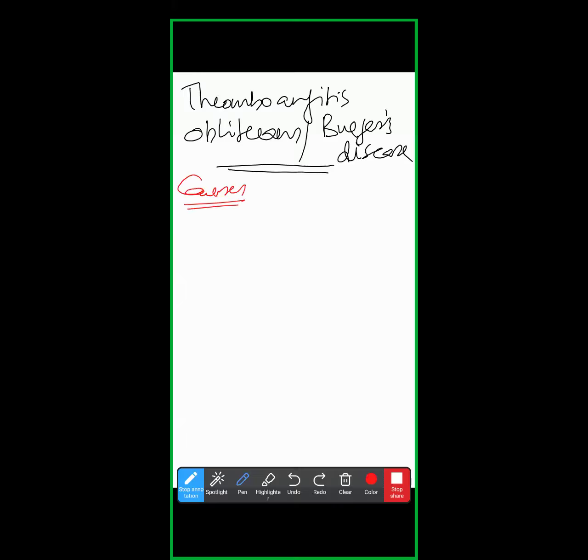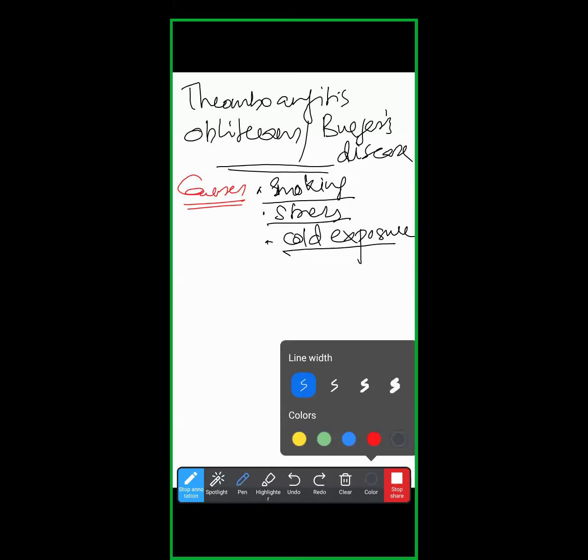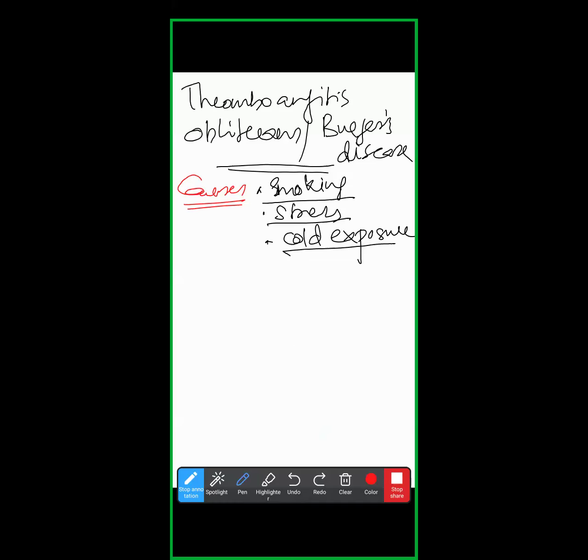Most arterial disease causes are common: smoking, stress, and cold exposure. These are the three main causes for any arterial disorder, not only thromboangiitis obliterans, even Raynaud's disease and PAD also. Main three causes of most arterial disorders are smoking, stress, cold exposure.